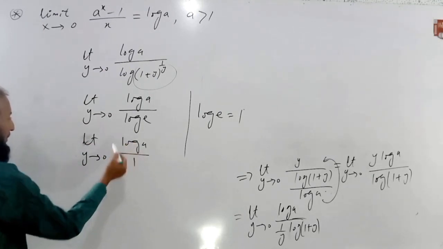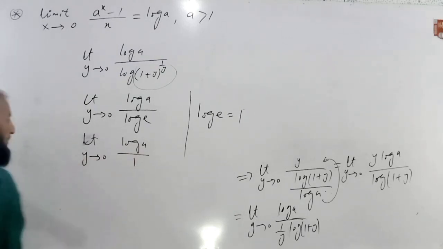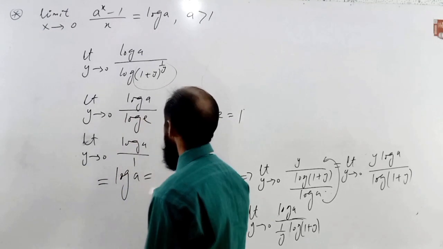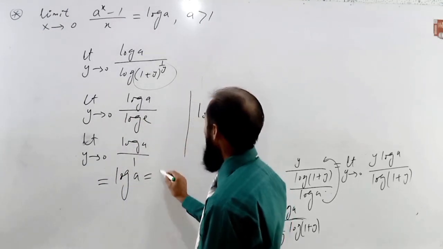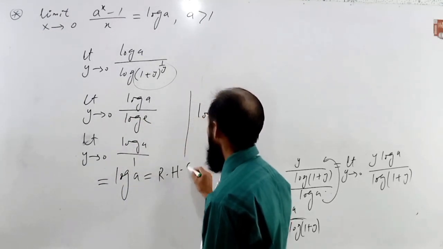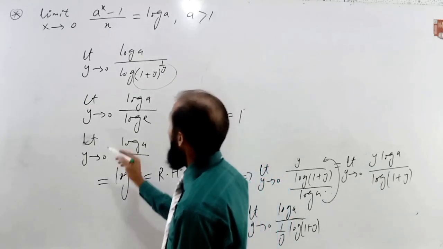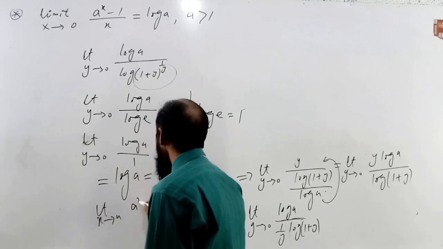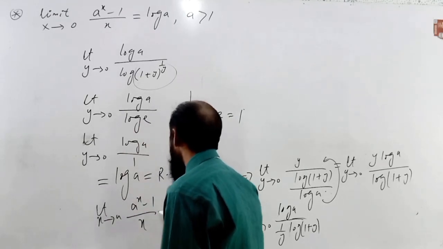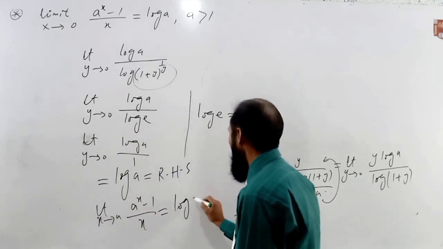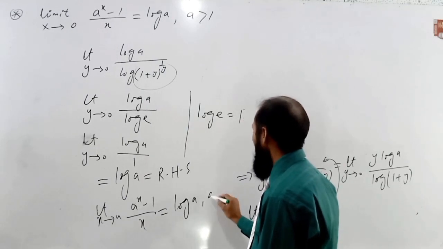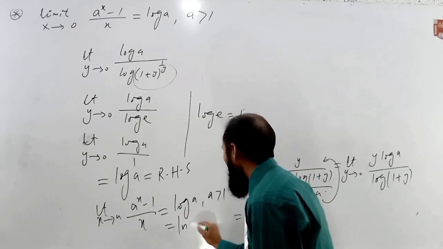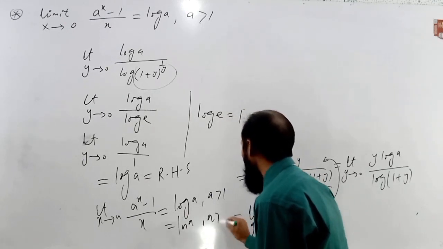Here a is constant, there is no y present, so log of a is the result, which is the right hand side. So we can say that the limit of x tends to 0, a to the power x minus 1 divided by x, is equal to log of a, where a is greater than 1.